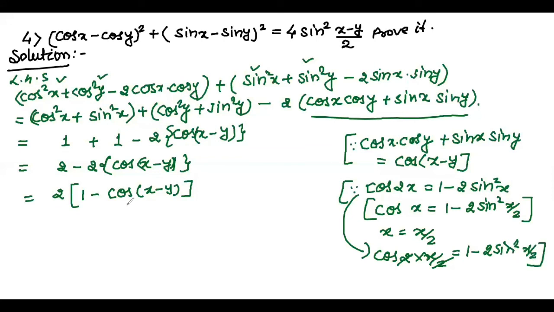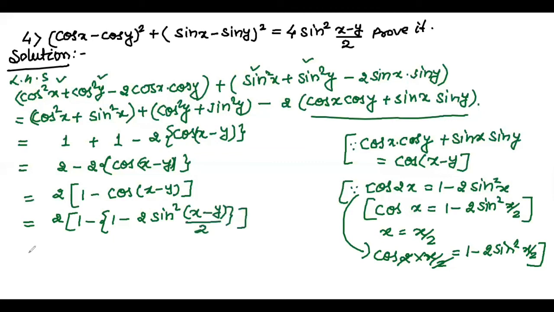So I'm applying it: 2 into (1 minus cos (x minus y)). Cos (x minus y) will be 1 minus 2 sin square of the angle (x minus y) by 2.